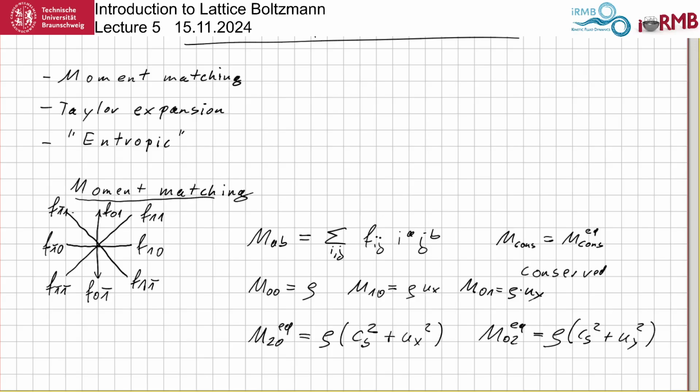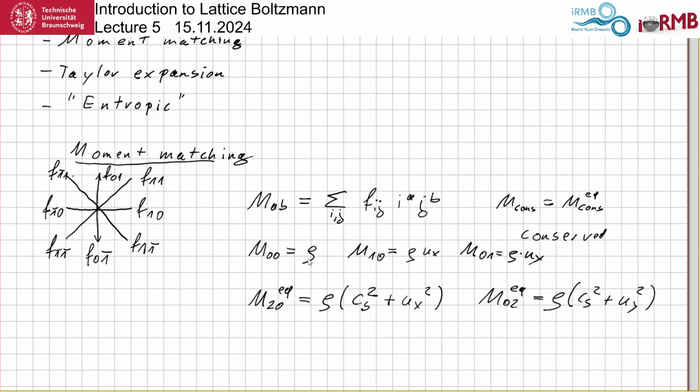This comes out of the Maxwell distribution. Then we have the moment M11 equilibrium equal to rho ux uy. I'm going to take over time, but I have to remind you this is a 3-hour session, so I'm always allowed to take over time here.